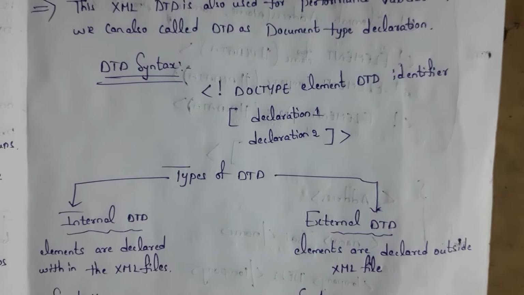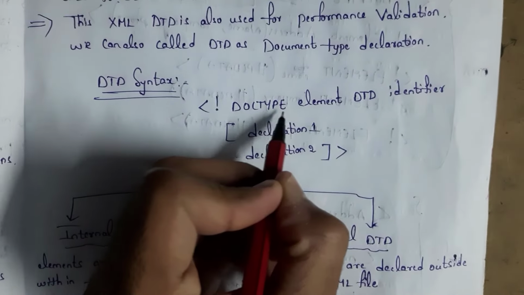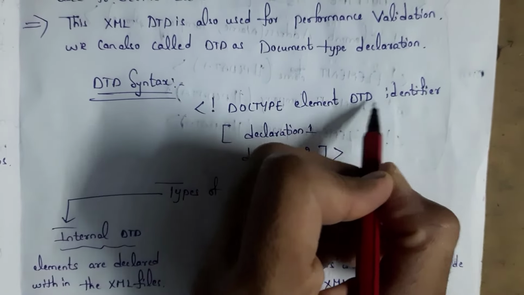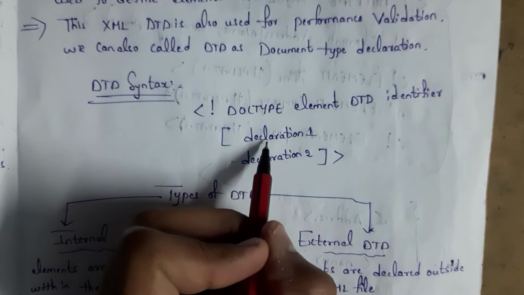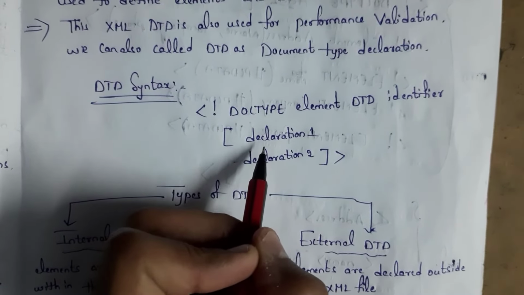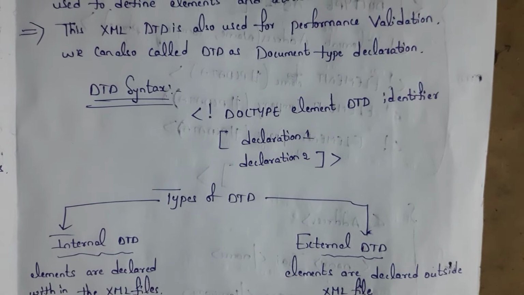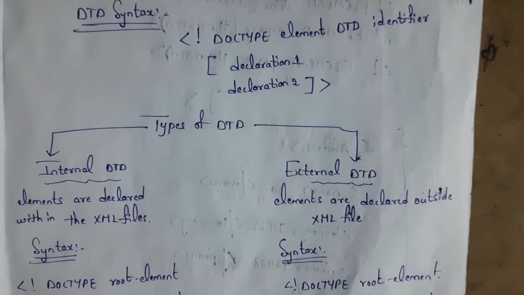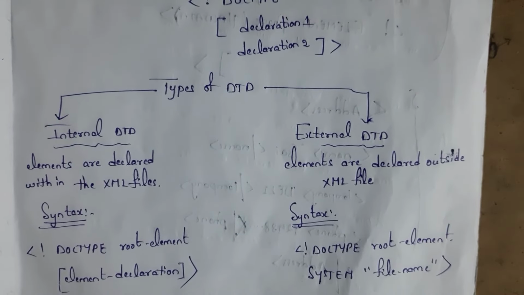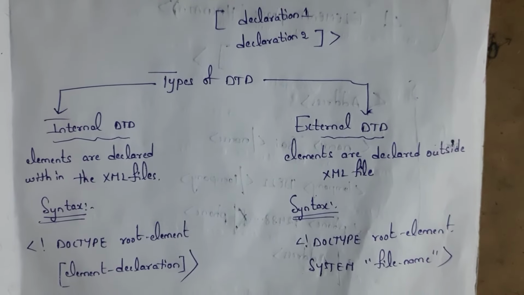Syntax of XML DTD. XML DTD contains document type element, DTD identifier, and inside that we need to write declaration. We can write n number of declarations. This is syntax of XML DTD. And next types. DTD is classified into two types. First one is internal DTD and second one is external DTD.